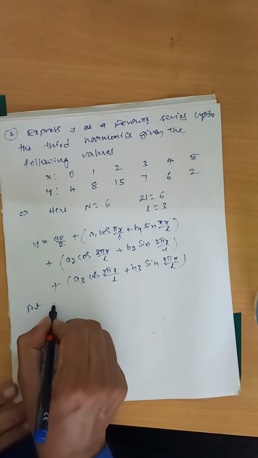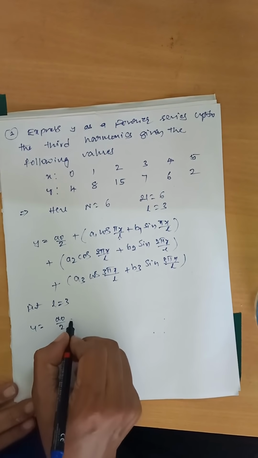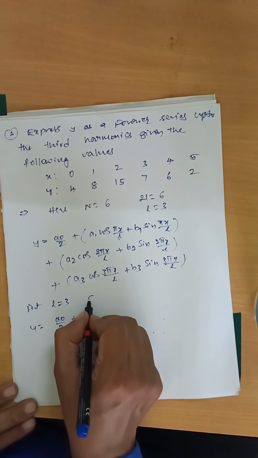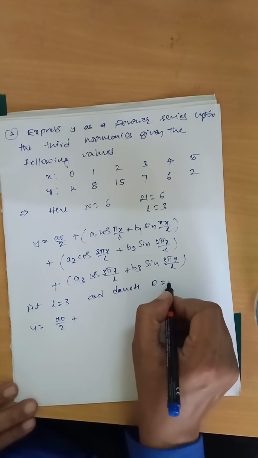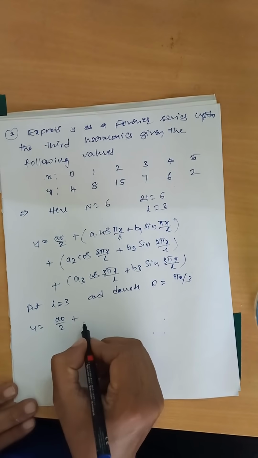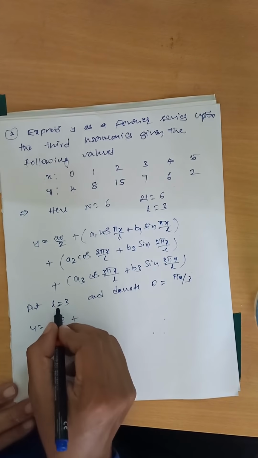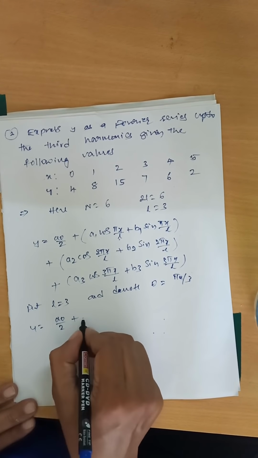Put L equal to 3, a0 by 2 plus, and denote theta is pi x by 3. You write one more step, otherwise you can apply these two for this series.